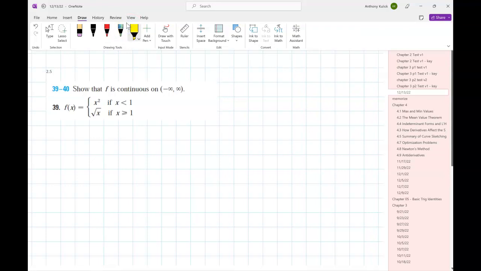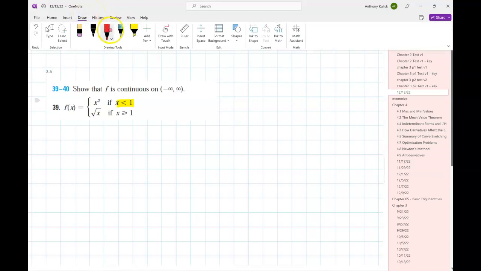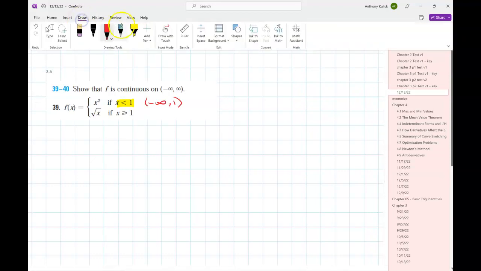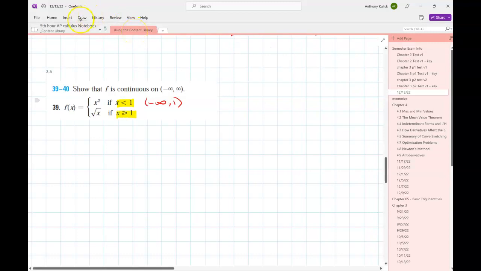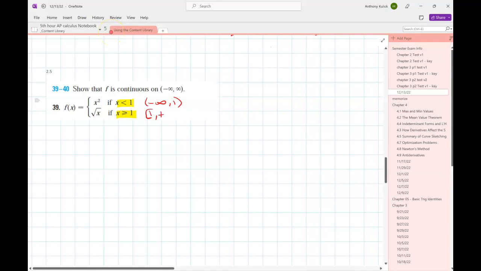When we unpause, what I'm going to notice is, okay, I have a piecewise function, so the first part of my function, that rule goes from negative infinity to negative 1, and the second part of my piecewise function goes from 1 to positive infinity.